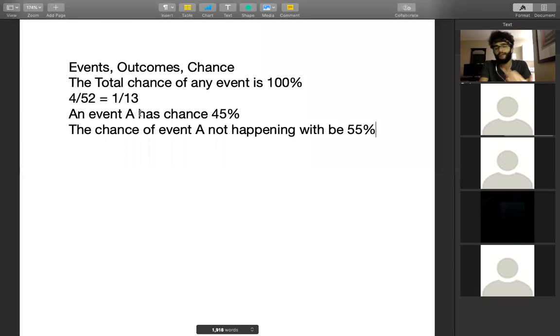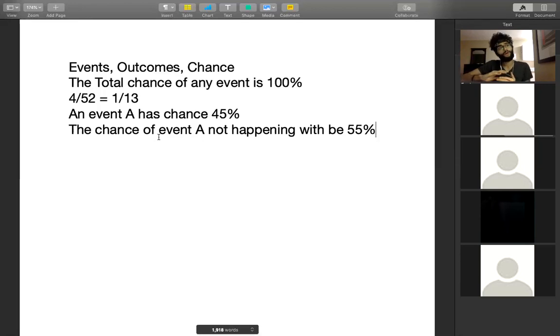I'm using the word chance just to give it a more intuitive feel; actually the word is probability. So if the probability of that event happening is 45%, then the probability that it does not happen is 55%, because everything has to add up to 100. So if the event happening is 45, then the event not happening is 55.